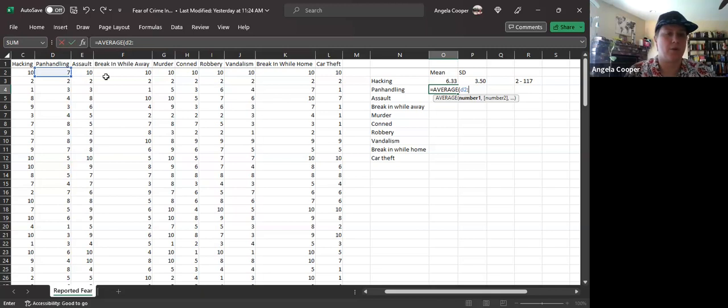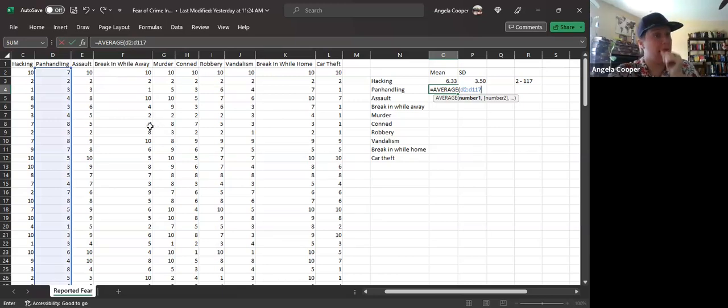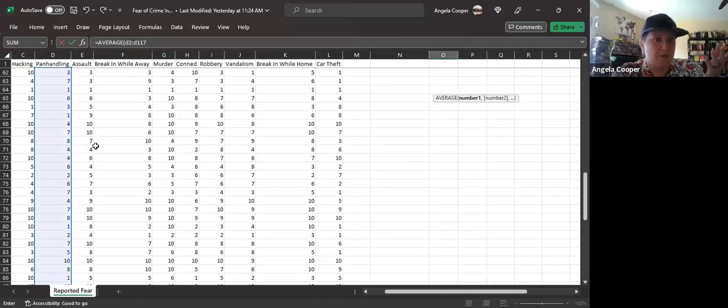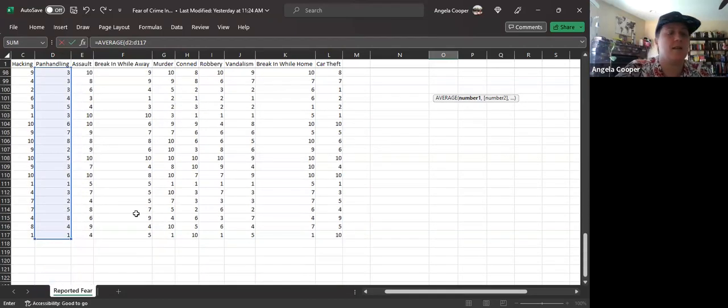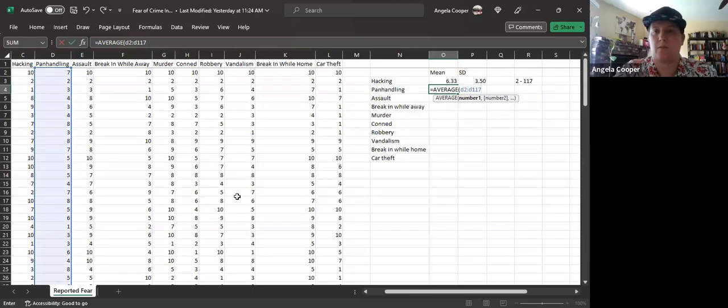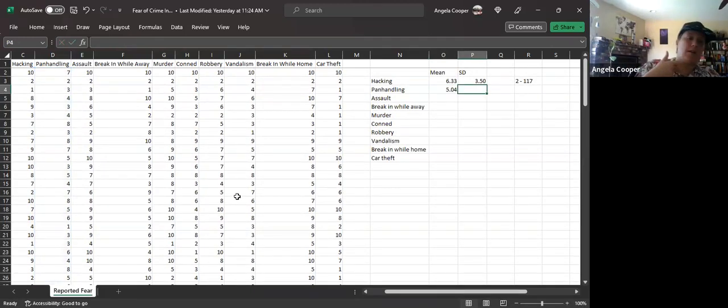A colon is what we need. And then do D117. By typing that, the blue part that Excel highlights asks: is this what you wanted? Double checking, yes, Excel, that is what I wanted. Thank you very much.